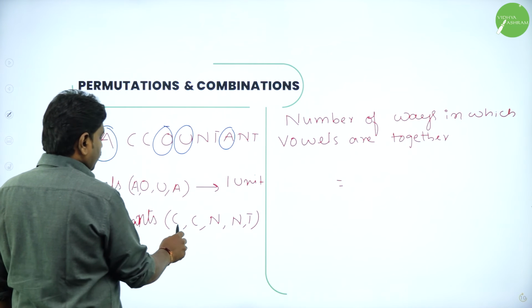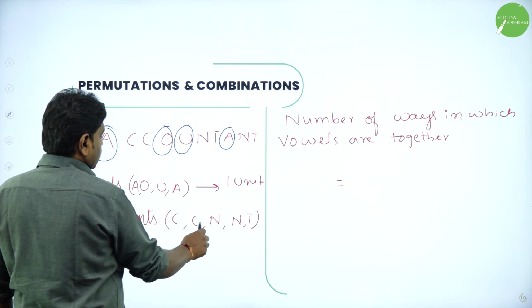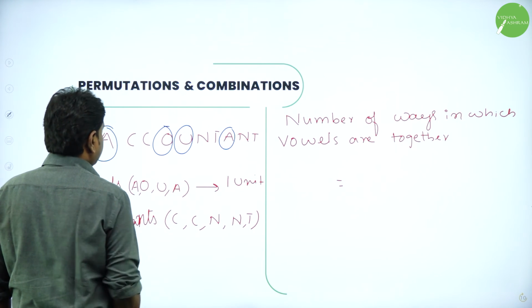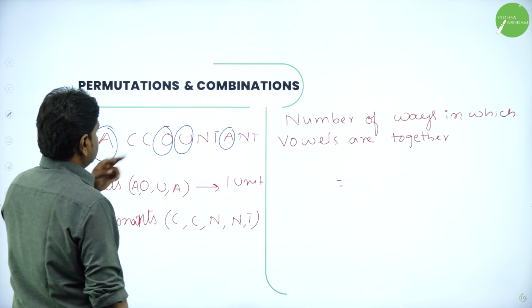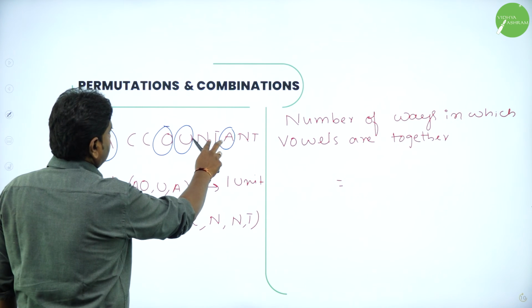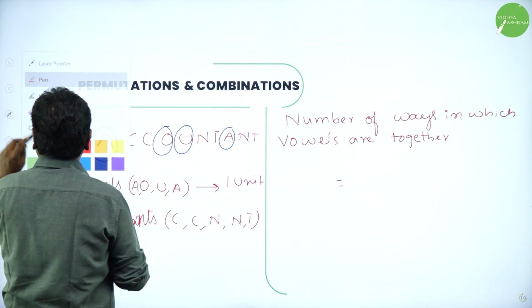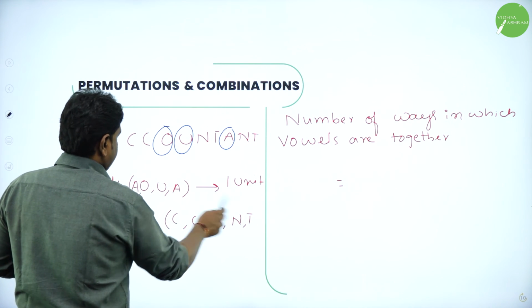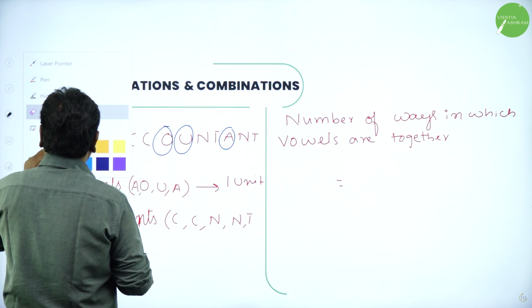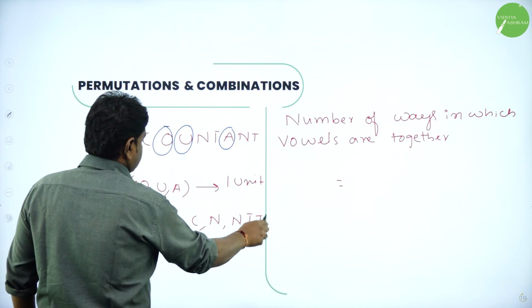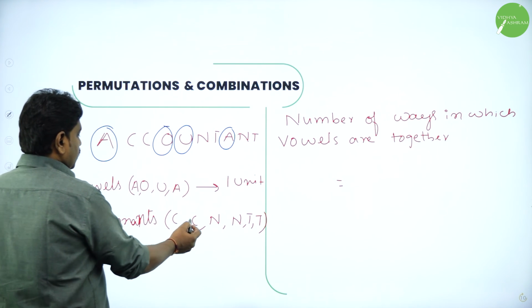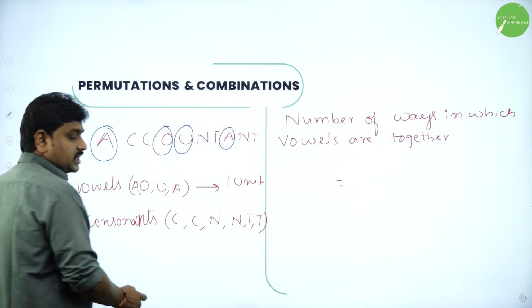And we have remaining C, N, T. T also is repeated 2 times. So now 1, 2, 3, 4, 5, 6. 6 letters are there.